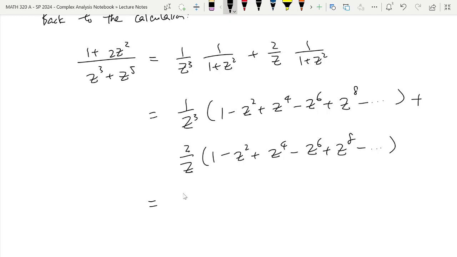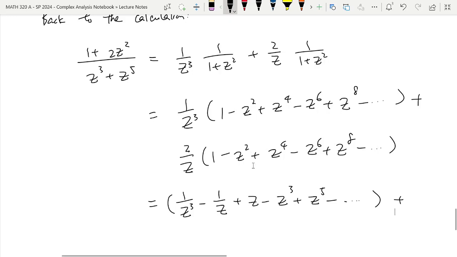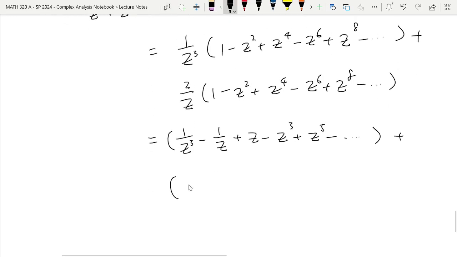And so we will start from 1 over z cubed minus 1 over z plus z minus z cubed plus z to the power 5 minus a big pile of things, plus 2 over z minus 2z plus 2z cubed and then minus 2z to the power 5 and then plus, and so on.